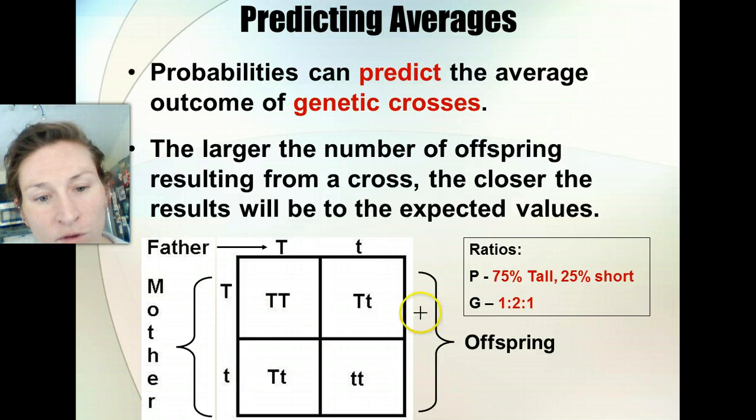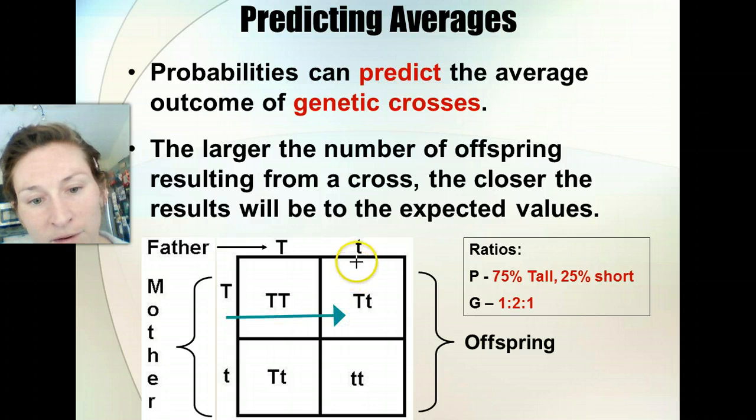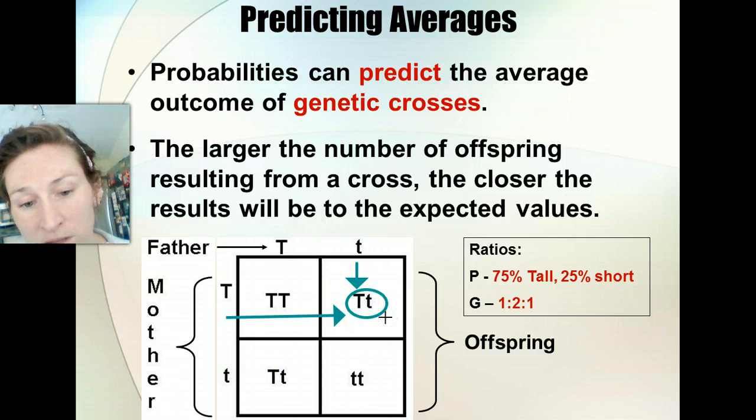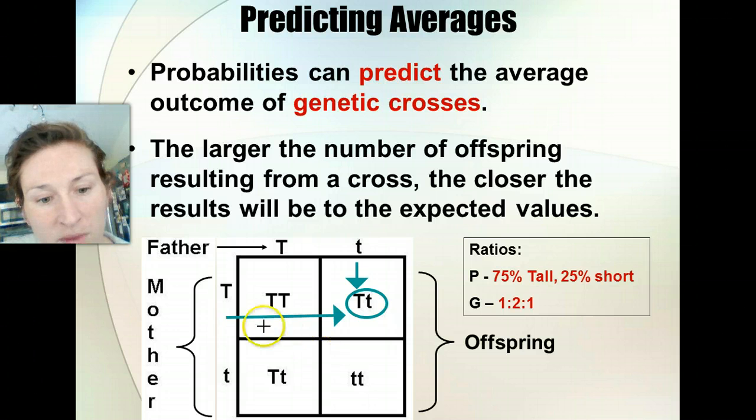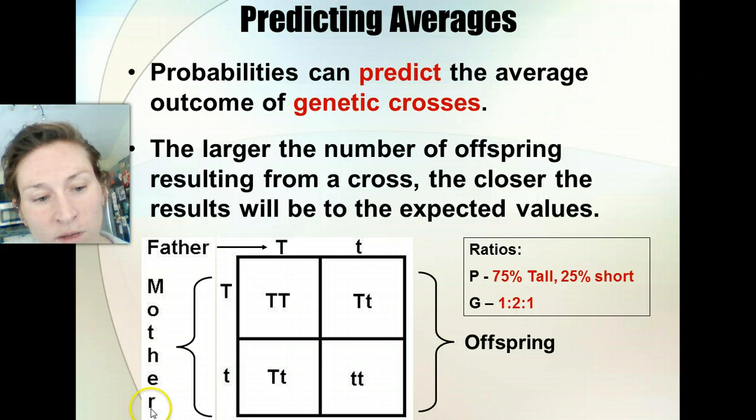Now, if you look over here in this square, you're getting big T from mom and little t from dad, and you end up with the hybrid or mixed version. The same thing happens in the bottom left square. And then the only other option you're left with is little t from mom and little t from dad. So this gives you your only homozygous recessive option.